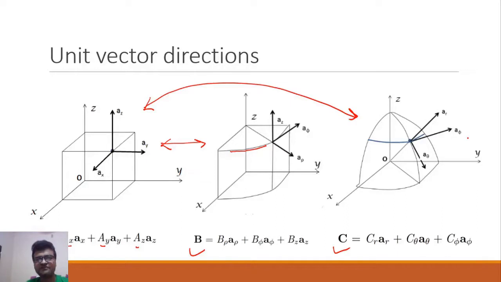Whenever you want to see the contribution of one vector into some other direction, you have to find its projection. I will recommend you to watch that video where I have explained what scalar and vector projection are. I will give the link in the description above, and if you remember that, you will definitely very easily understand this topic.